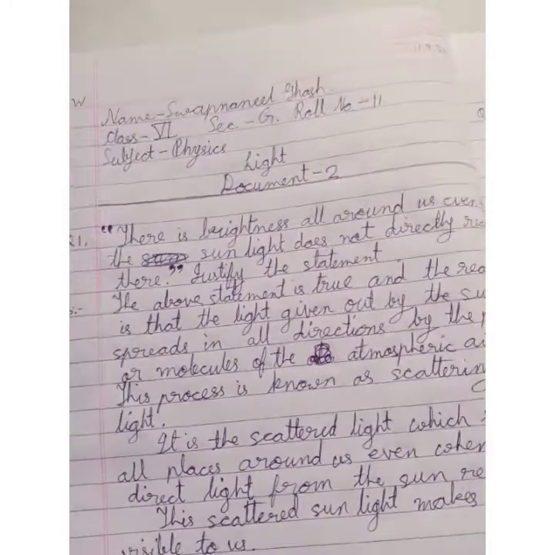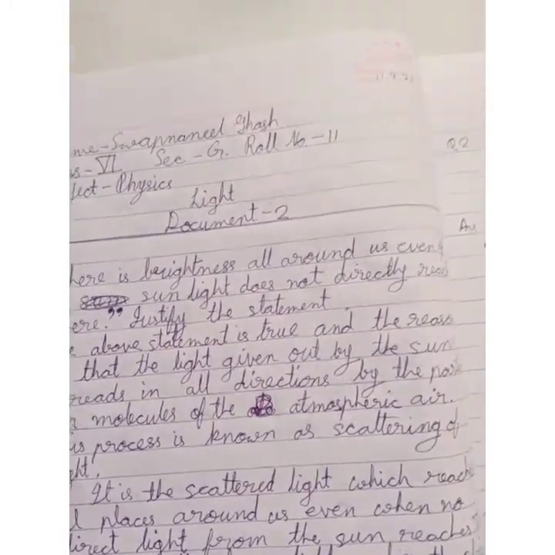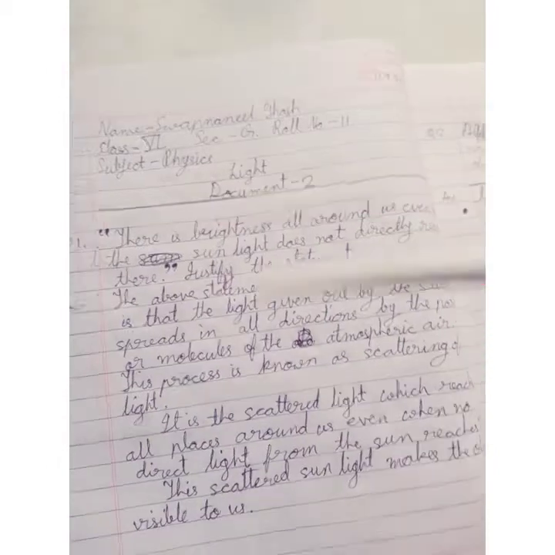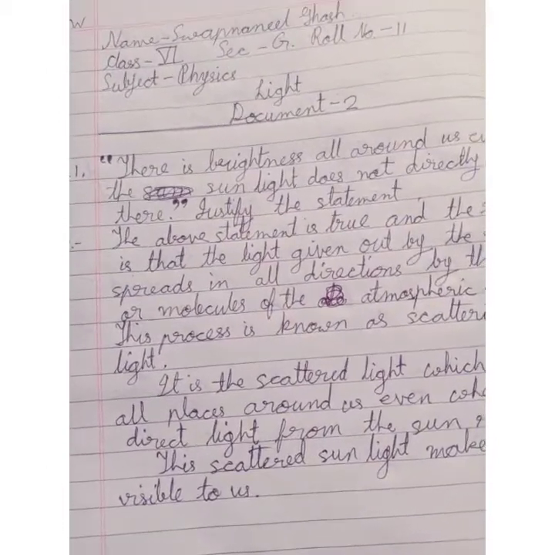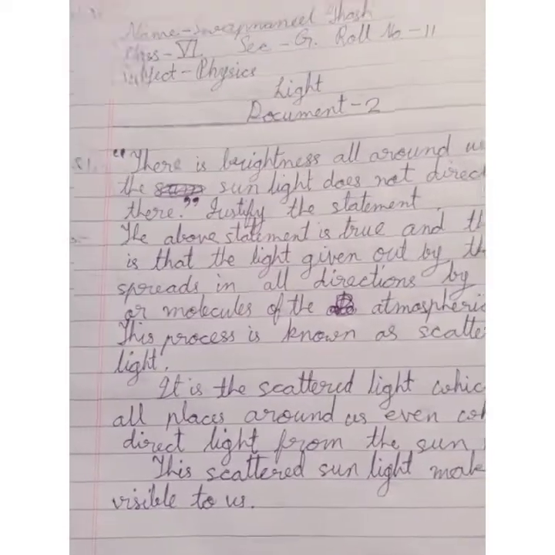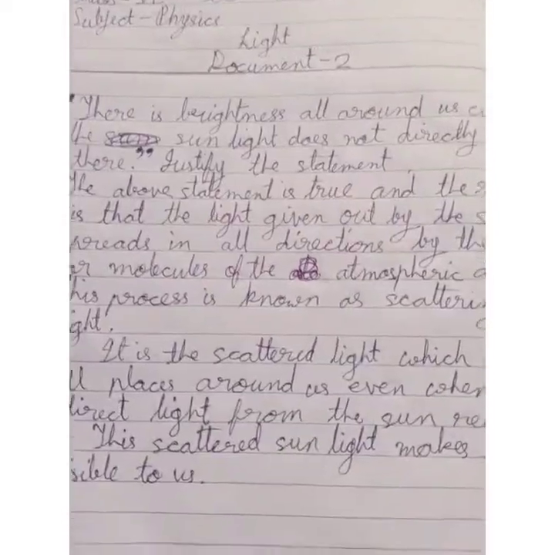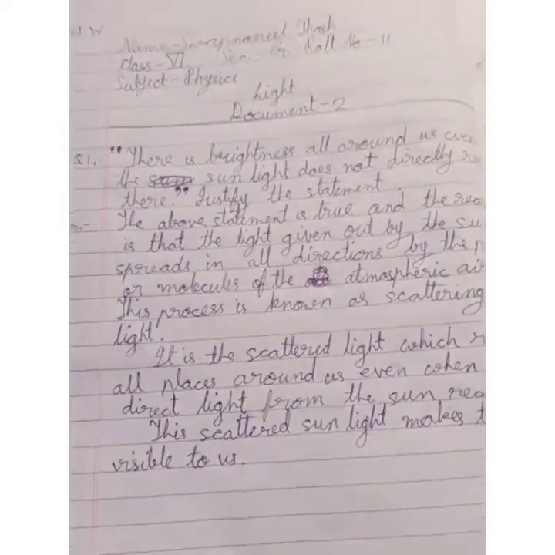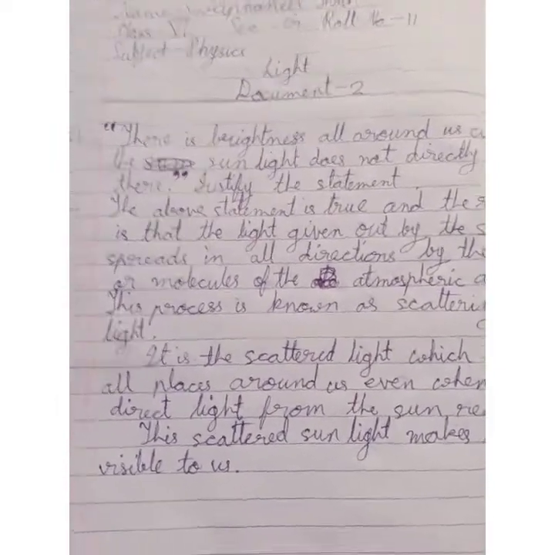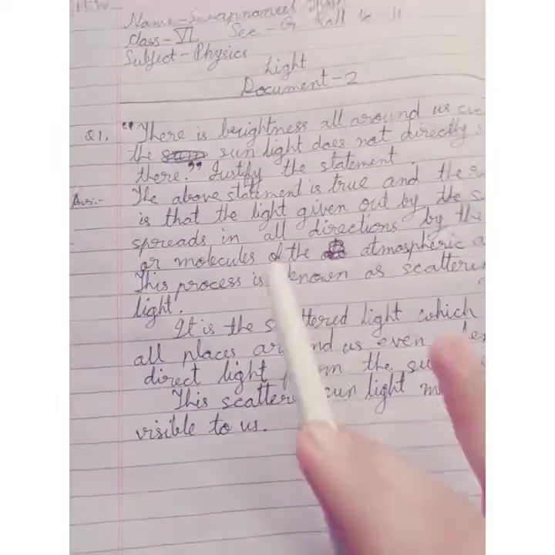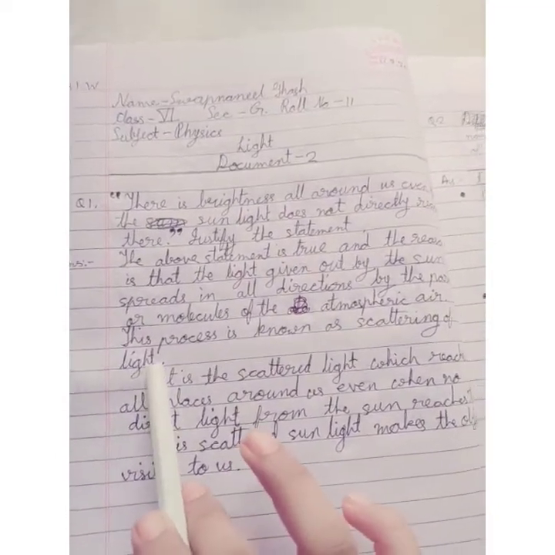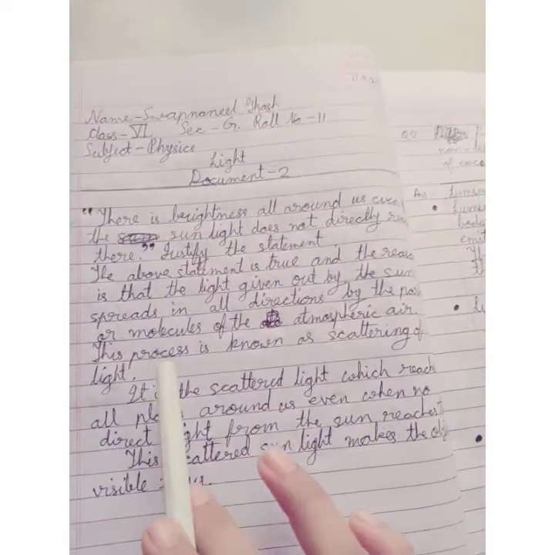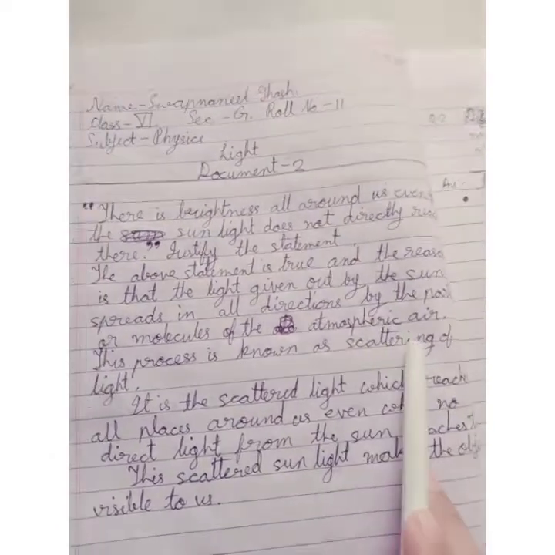Again the next day, if this part is having night, then the other part will have day. So the part which is having day is a huge amount of place. How can it be possible? The only reason is scattering of light. If it's a 1 mark question, you will say that the only reason is scattering of light.